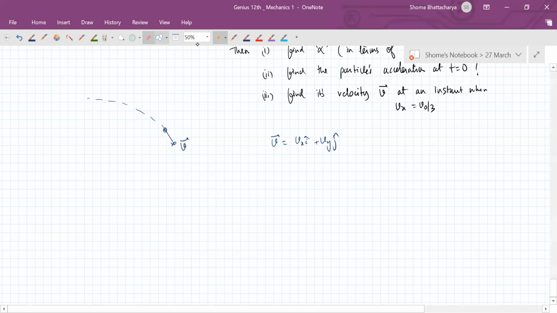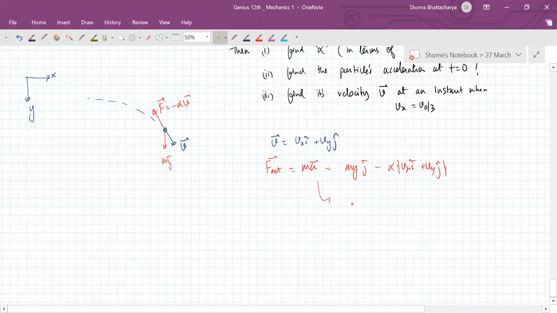In fact, we'll benefit if we take the y-axis downwards, like this. Now the force acting on it at that point of time is like this. So the net force, which is mass into acceleration, is mg j cap minus alpha into (Vx i cap plus Vy j cap).